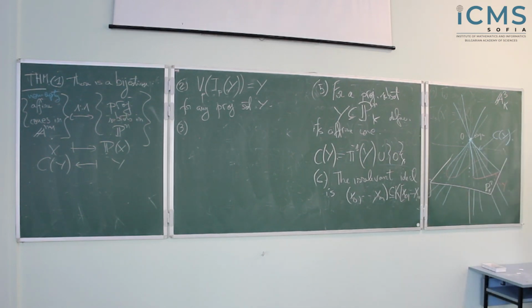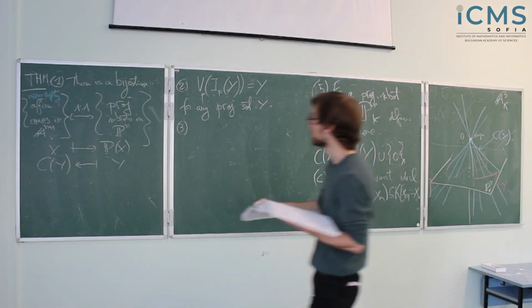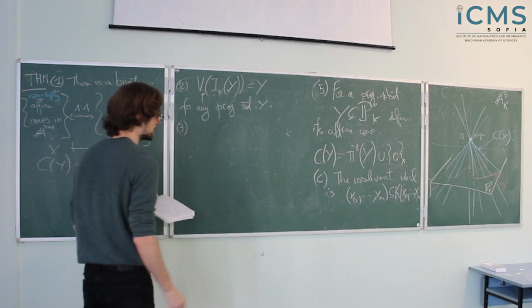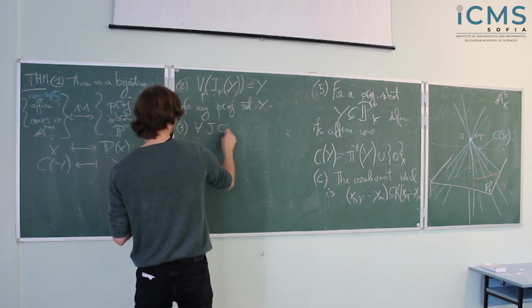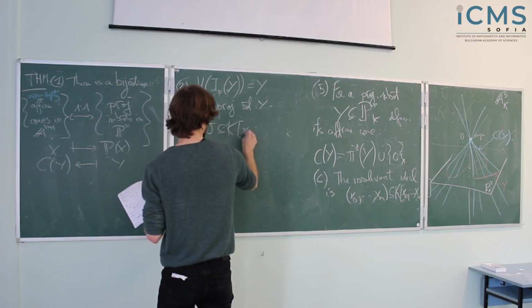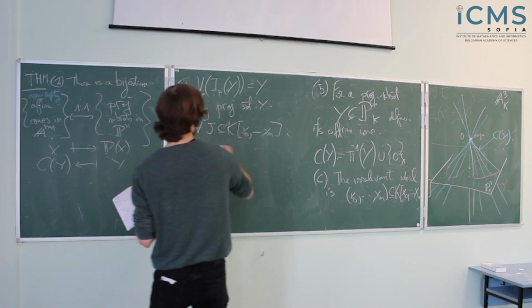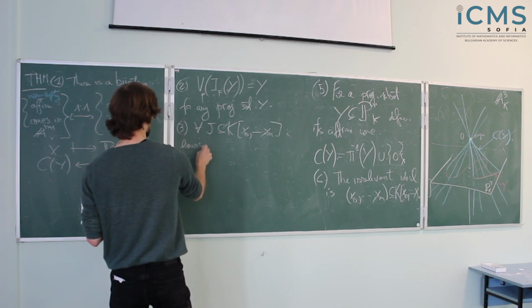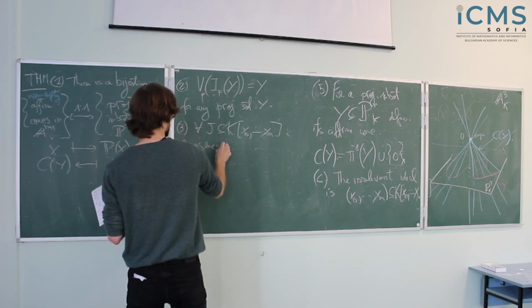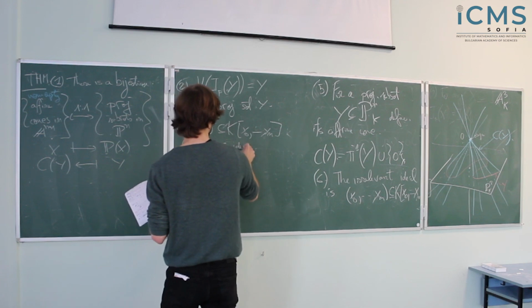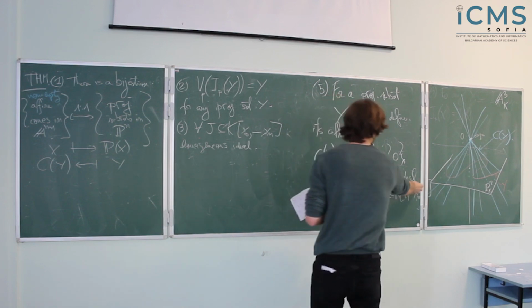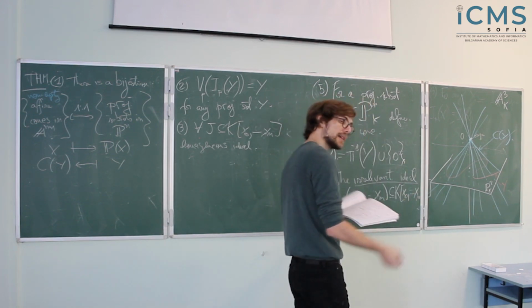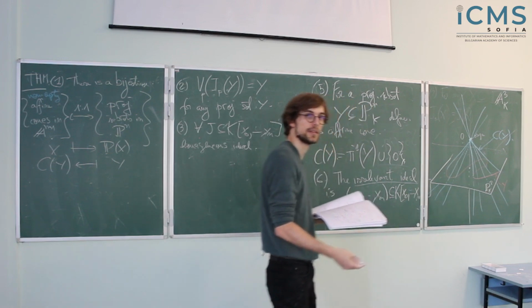Now, for the other one, if you remember, that was the hard part of the Nullstellensatz: we had to deal with radical ideals, and sometimes we can take ideals. For any homogeneous ideal, this could be different from the irrelevant ideal, but its radical could be equal to the irrelevant ideal.